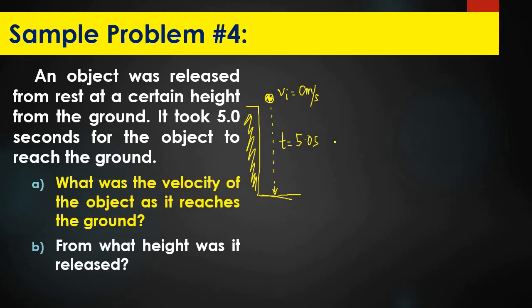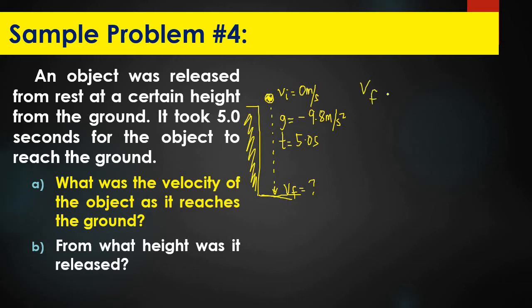The question is, letter A, what was the velocity of the object as it reaches the ground? We will assign that as Vf. So given our initial velocity, our time, and of course, the gravitational acceleration, negative 9.8 meters per second squared, how can we determine the final velocity of the object as it reaches the ground?